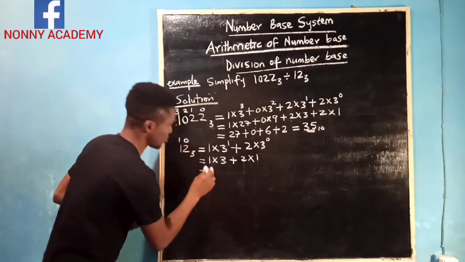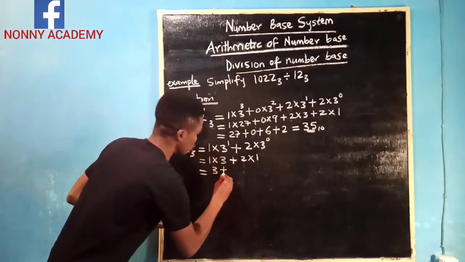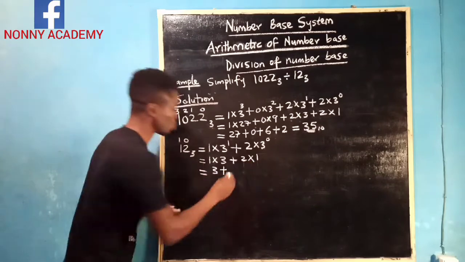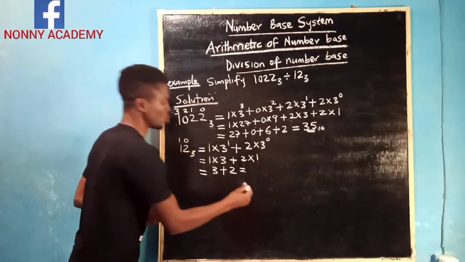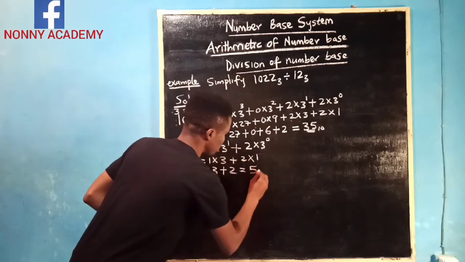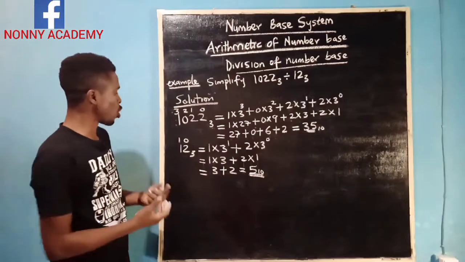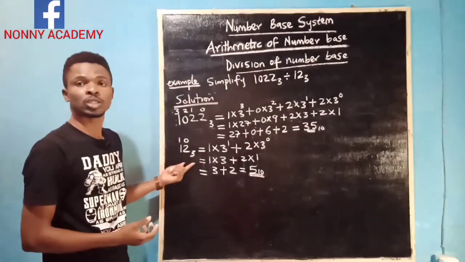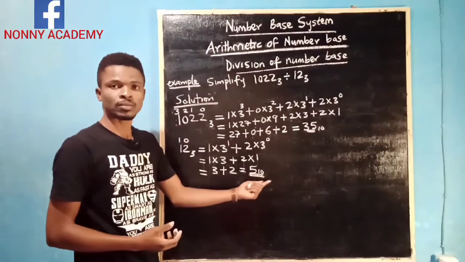So here we have 1 times 3 is 3. Plus 2 times 1 is 2. Then adding everything together, I will have 3 plus 2, which is 5. 5 base 10. So I have successfully converted 12 from base 3 to a number in base 10, which is 5 base 10.